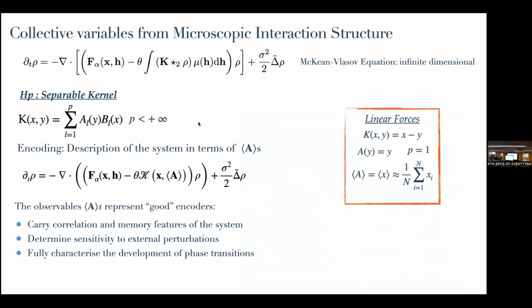So basically, most cases are separable, but there are situations, for example in active systems, in flocking systems, where you use an interaction which is an exponential that is not separable. But there is a huge literature in which you can approximate a kernel as a sum of separable kernels. So in theory, this theory works exactly for separable kernels, but can be applied in a phenomenological way to those situations as well.